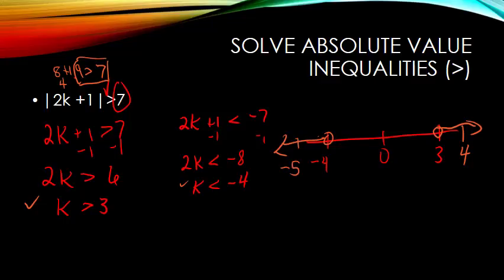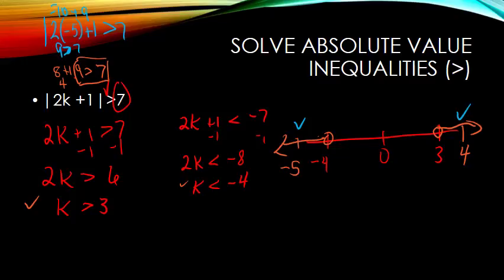Let's plug it in for k. Absolute value of 2 times negative 5 plus 1 greater than 7. Well, 2 times negative 5 is negative 10, plus 1 is negative 9. But the absolute value of negative 9 is 9, and 9 is greater than 7. So that's true. That checks.